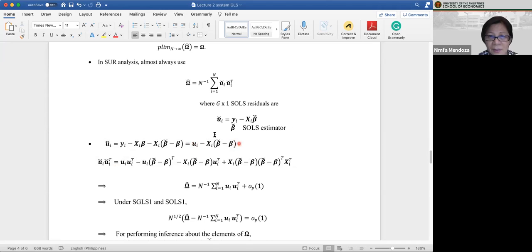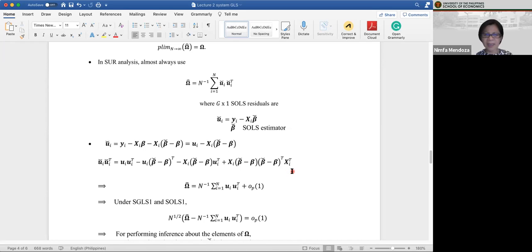If you multiply this by the transpose, then you get this expression: U sub I U sub I transpose, minus U sub I times the transpose of this, minus this multiplied by U sub I transpose, plus this quadratic term.